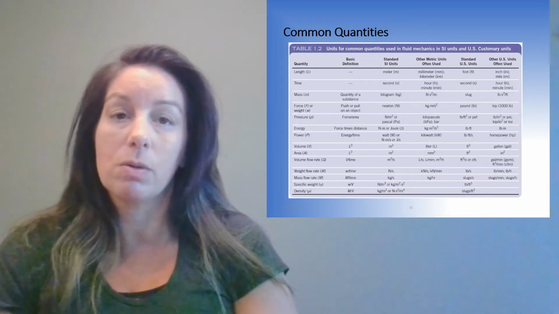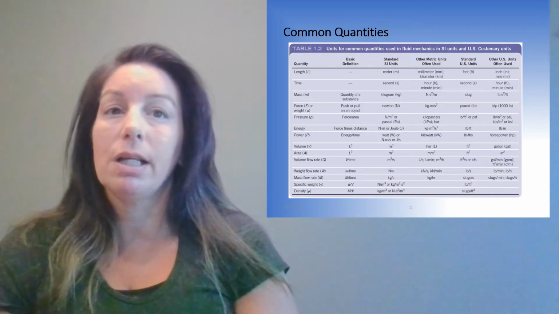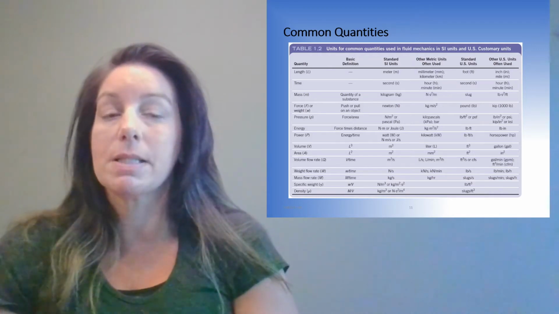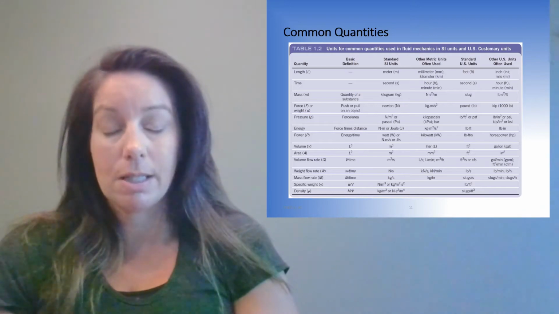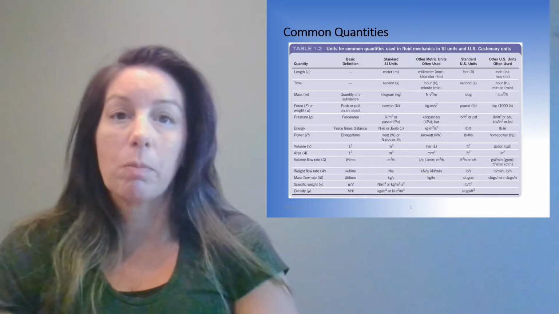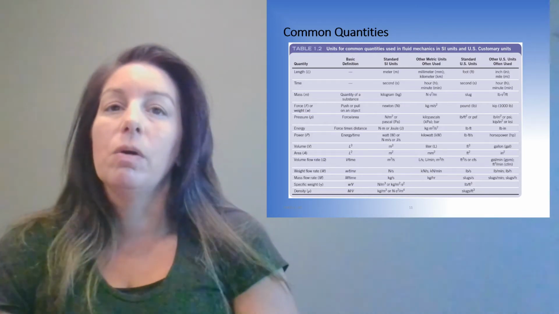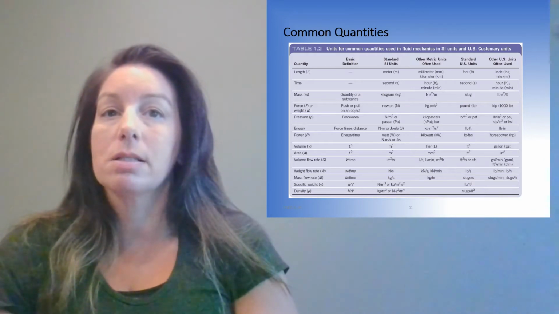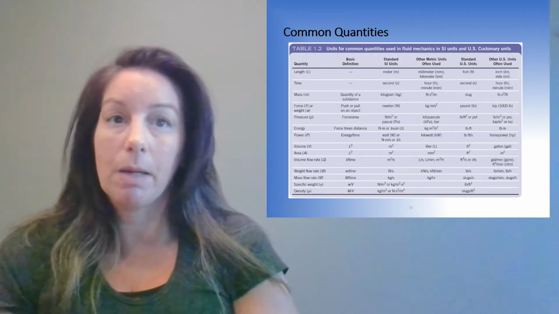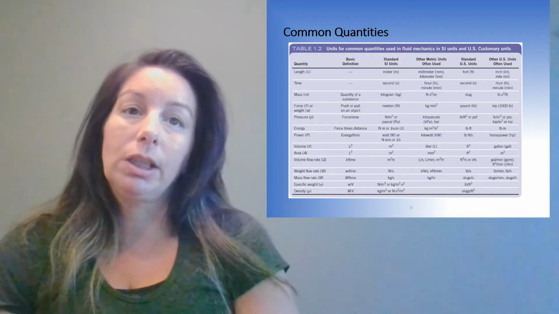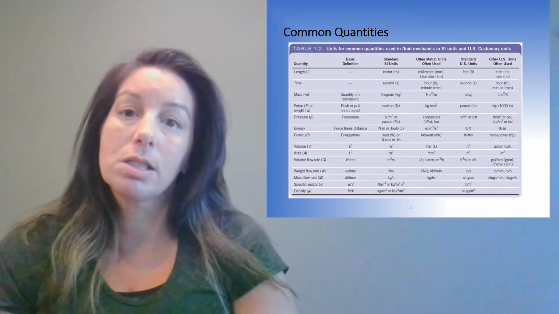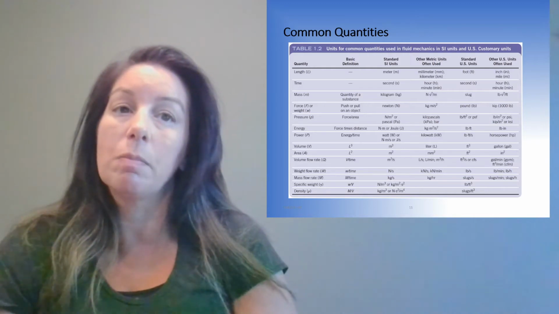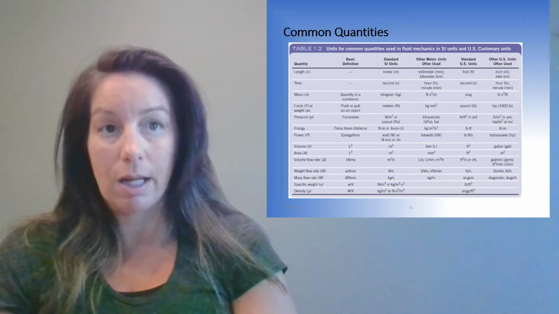You'll see both of those. We've got energy, which is force times distance: Newtons times meters, or pound-feet. We've got power, the big P, so pressure is little p, power is big P. Power is energy divided by time, generally called watts, or Newton meters per second, joules per second.